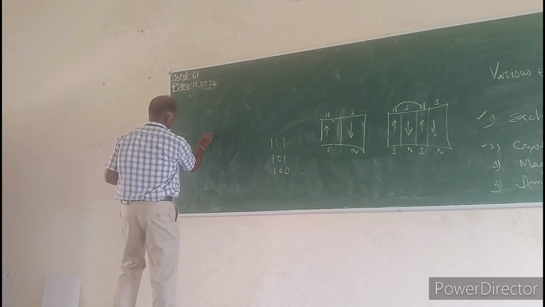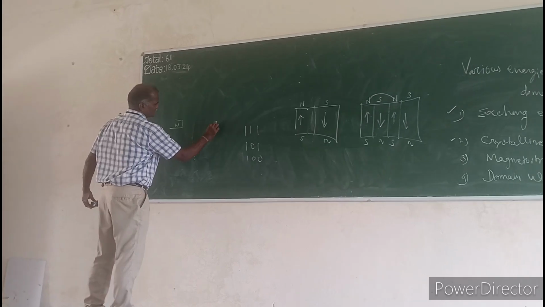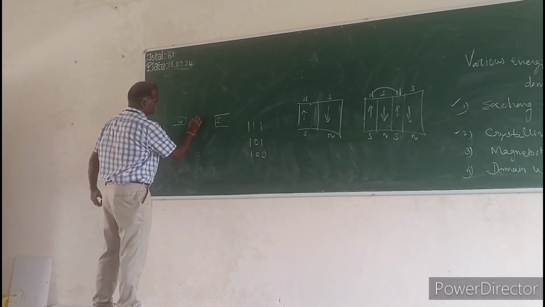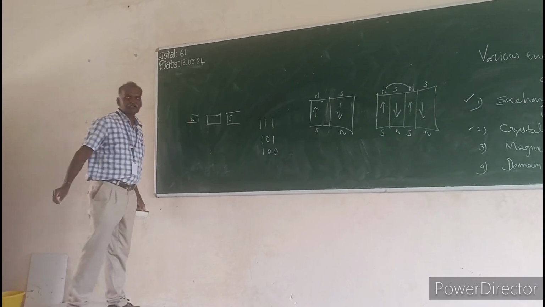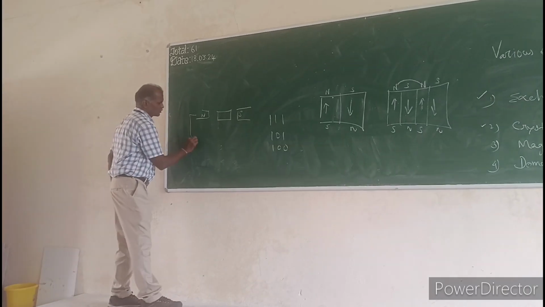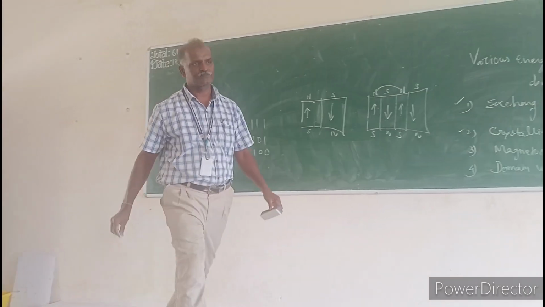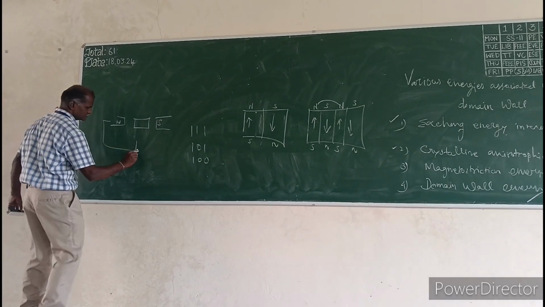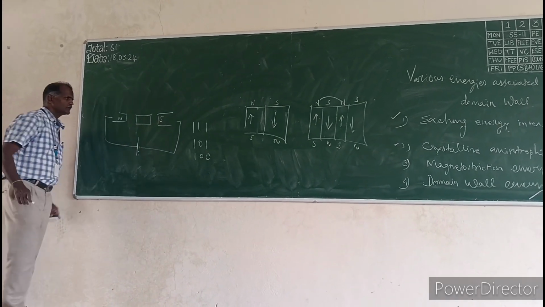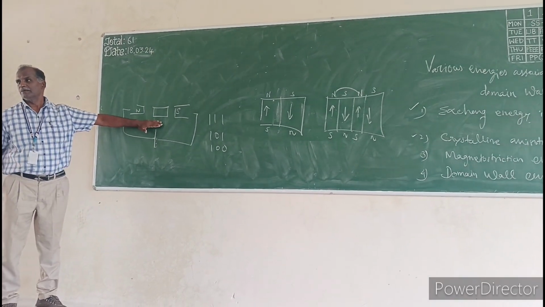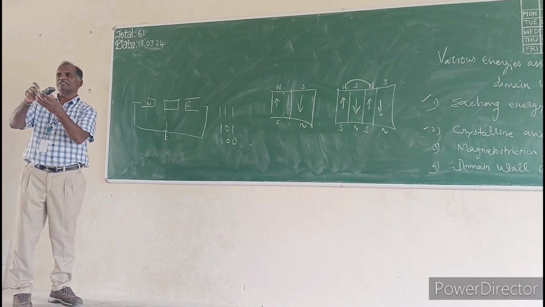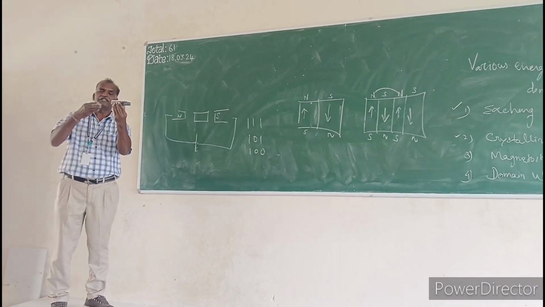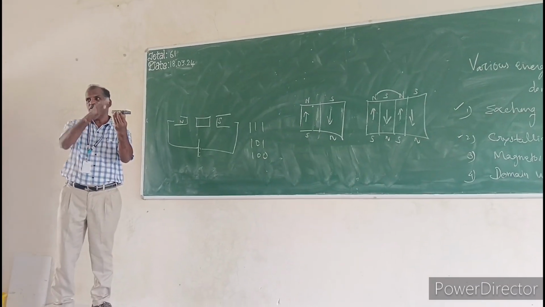See, this is the north pole, this is the south pole. This is the specimen to be magnetized using the electromagnet. The specimen is magnetized in this direction, along the lengthwise.